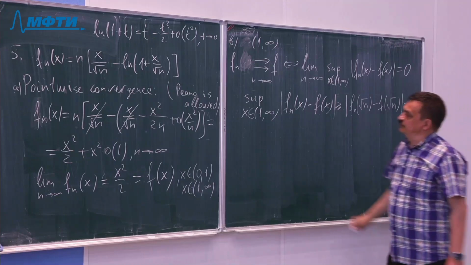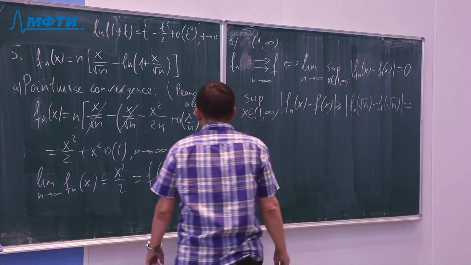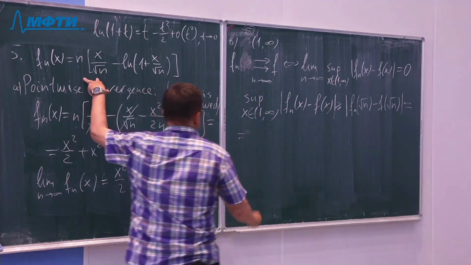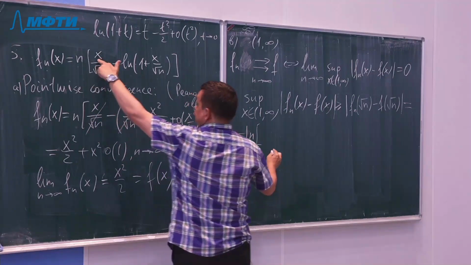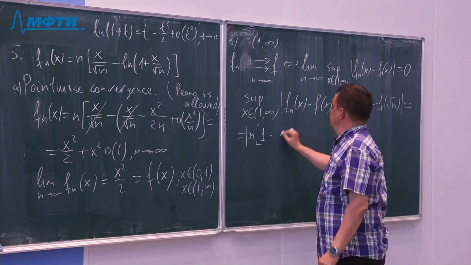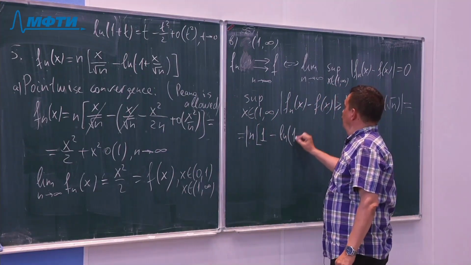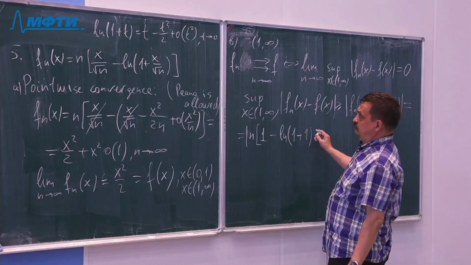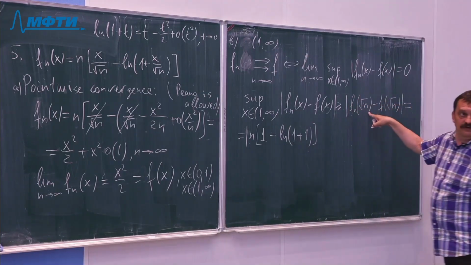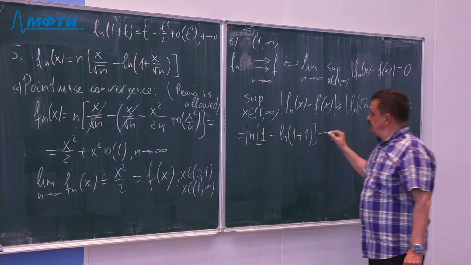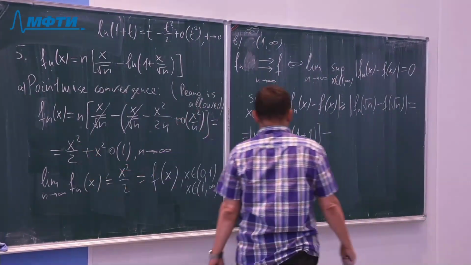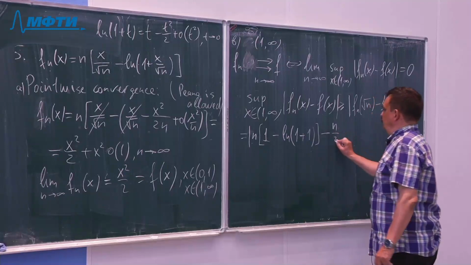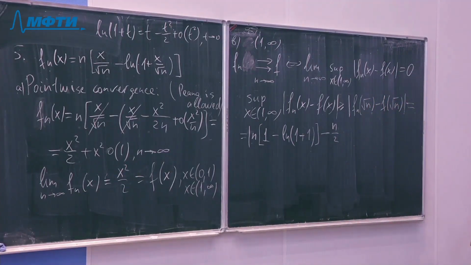Let us substitute what we have then. f_n of square root of n is n times 1 minus logarithm of 1 plus 1. Minus f of square root of n, what is it? Minus n over 2, right? And what do we obtain?